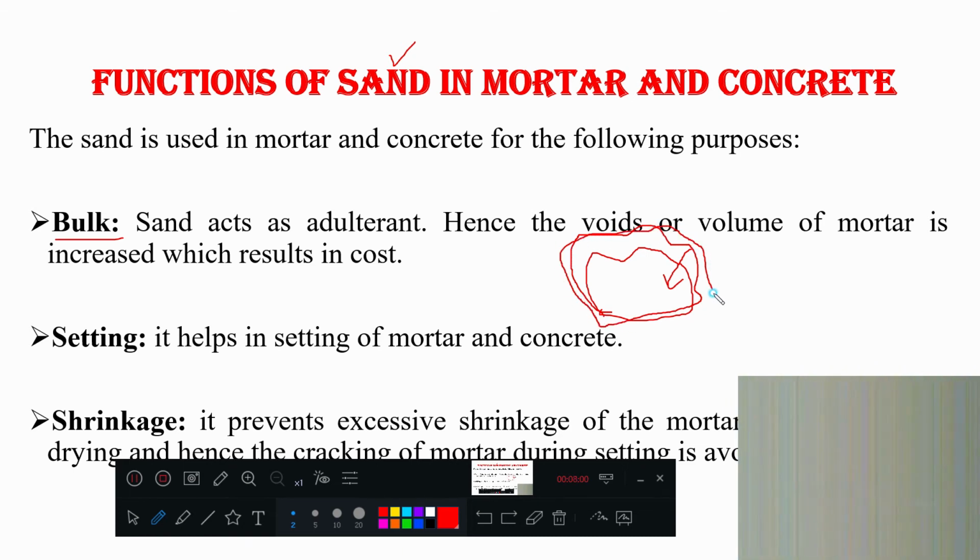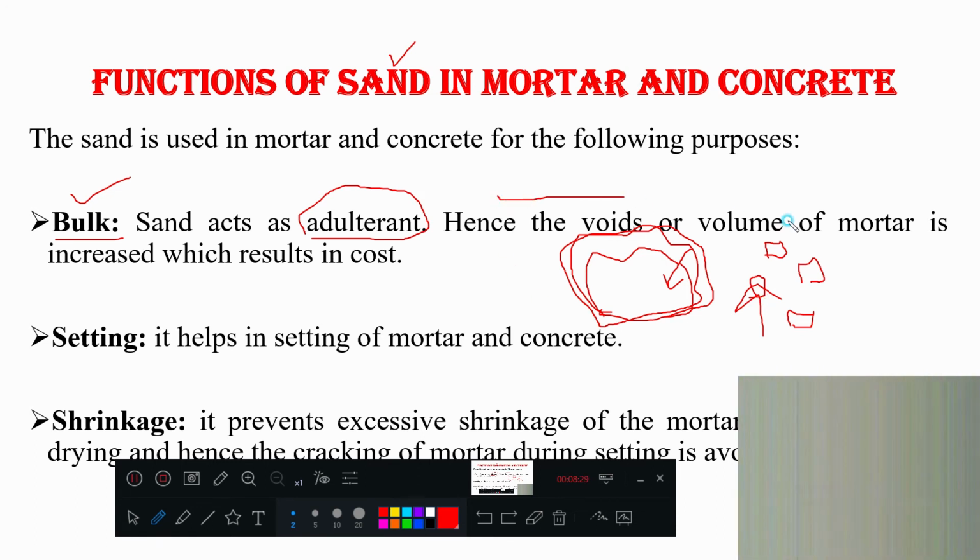In a simple way, you can understand that it acts as an adulterant. It will bind the cement particles, or act as a joining material. So bulkage you are going to get. Bulkage means you get more volume by adding sand in a cement mortar.